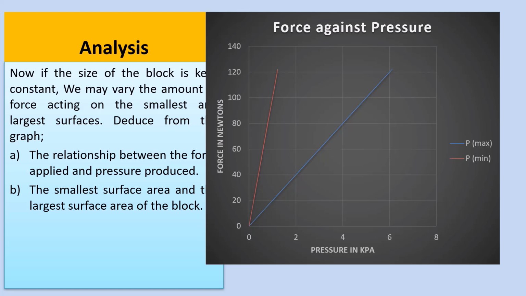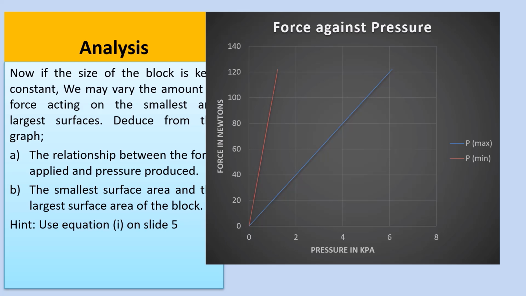But take time. You can pause this video and take two suitable points. Try to calculate the gradient for the two lines, and from the gradient you will know which line has the larger surface area and which one has the smaller surface area, and see whether the results are consistent with the equation that we had discussed in slide 5.